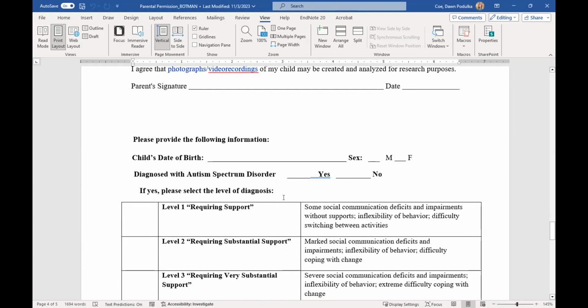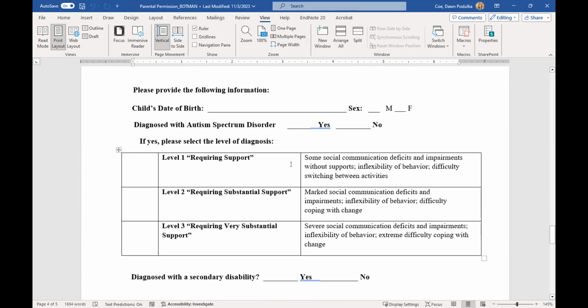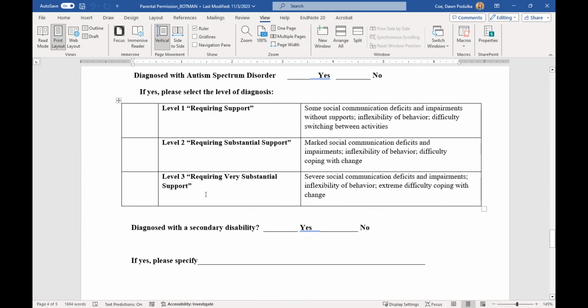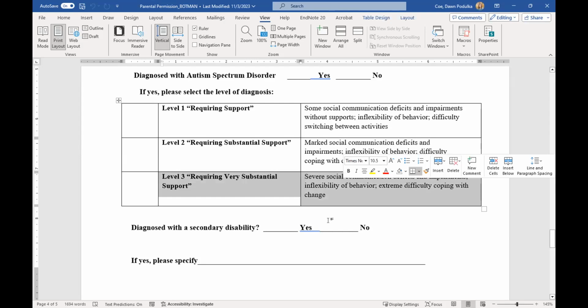And I usually have the parents fill out information related to the health of the child and some of the more sensitive information, because sometimes we may not see the parents during data collection. So for this study, we asked specifically about autism spectrum disorder, what level they are in terms of their diagnosis, because if they're at a level 3, they are not eligible for the study.